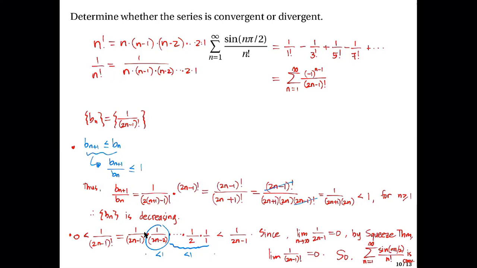Naintindihan ba yan? So, yung 1 over 2n minus 2 will be less than 1. Okay? So, I hope you got that.